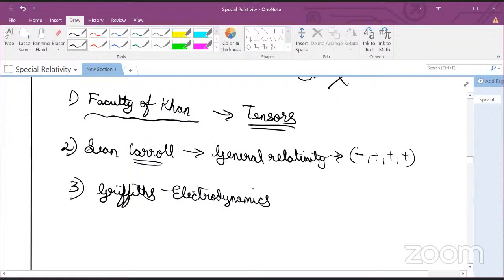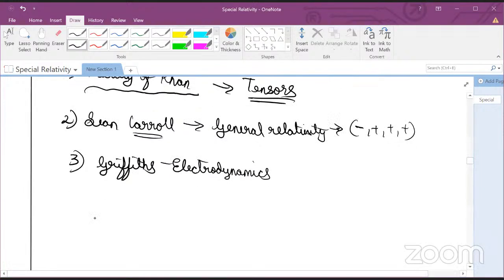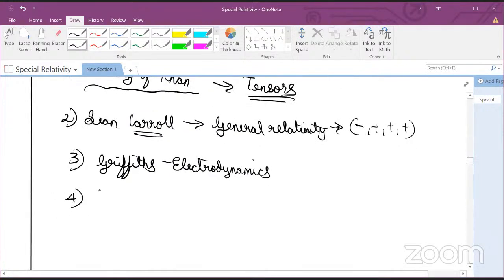I learned most of the special relativity topics from the playlist by Leonard Susskind. He's a very great scientist in current times.